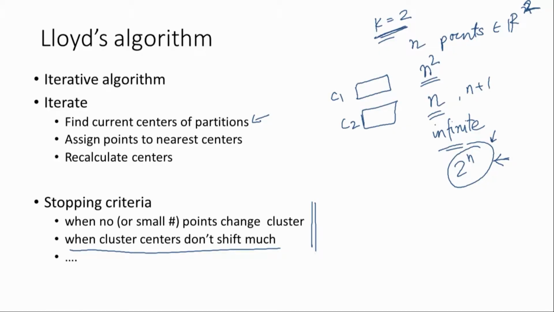In this step, when I calculate new centers of the partitions, why is the objective function being decreased? The distance between cluster and the center decreases.